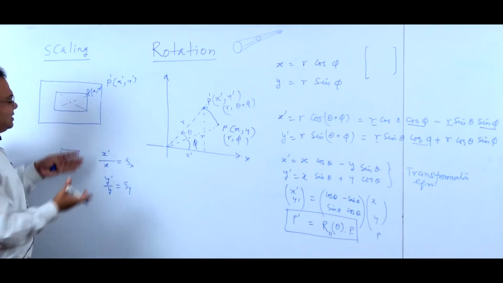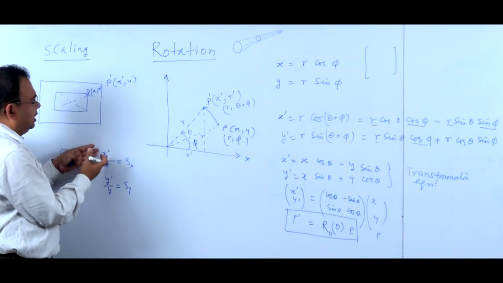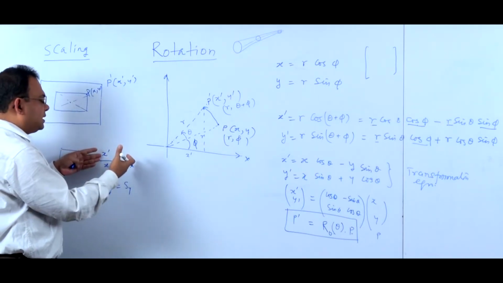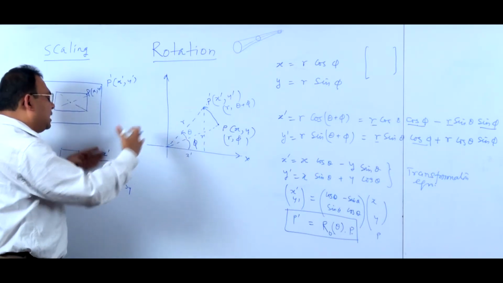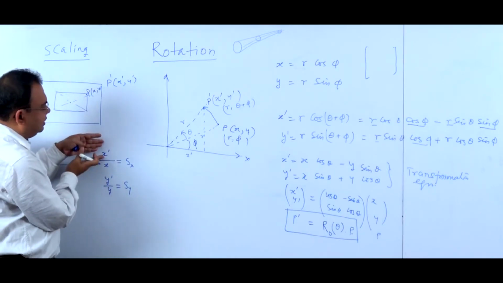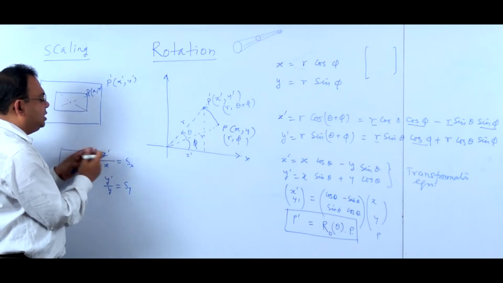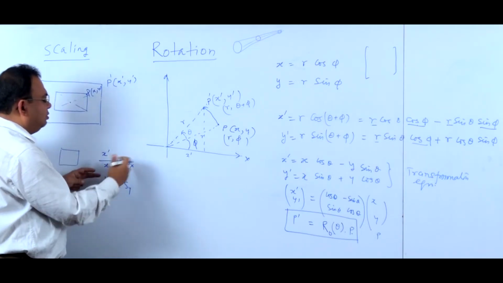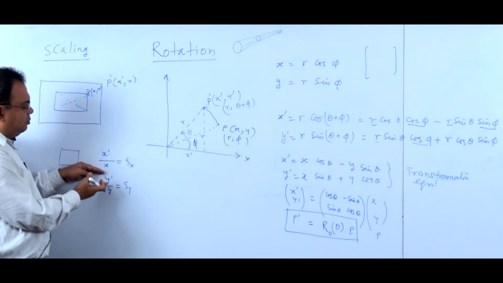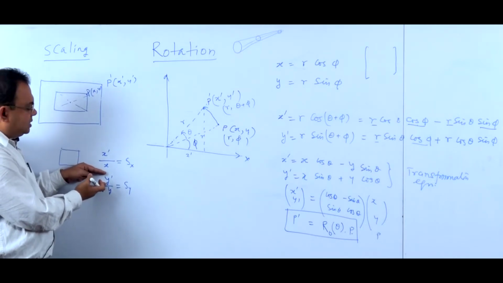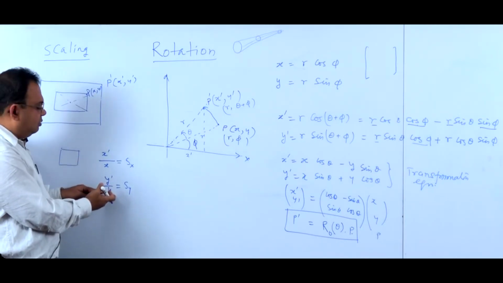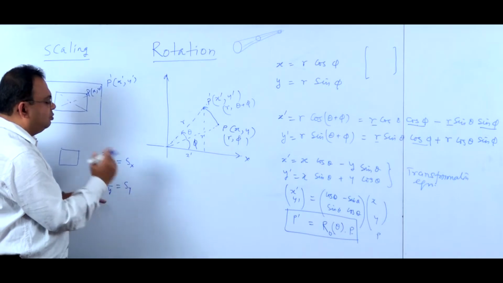So this is scaling along the x direction, because the amount of scaling, which can be scale up or scale down, is the final x extent divided by the original x extent. This ratio is the scale factor along the x direction, and in the same way the final y extent by the initial y extent is the scale factor along the y direction.